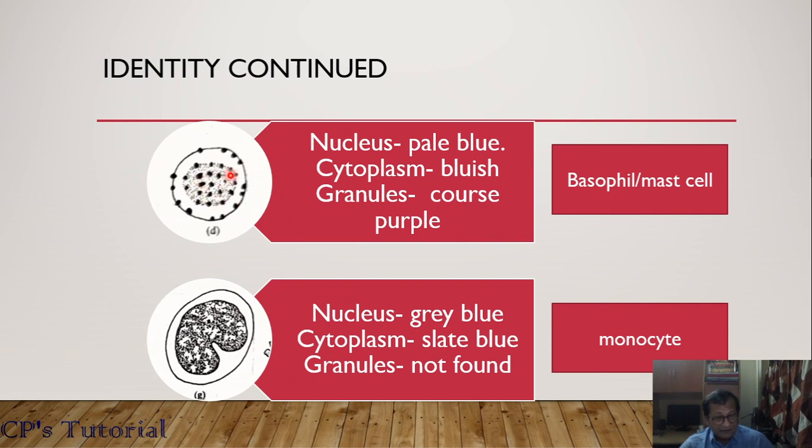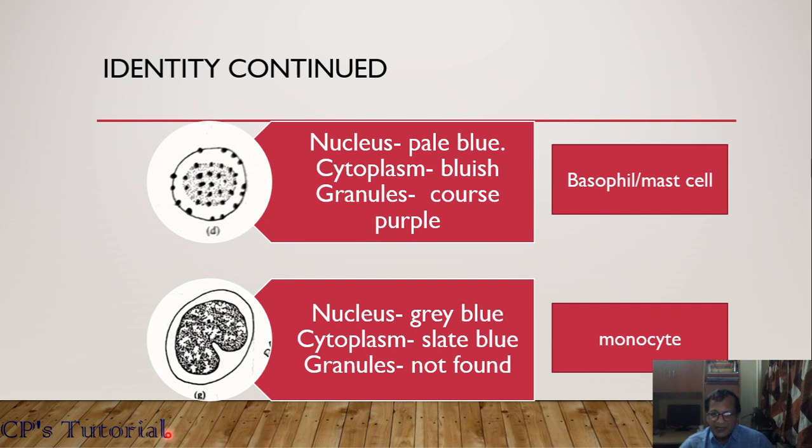The nucleus is diffused or maybe too low. But in case of monocyte, the nucleus is conspicuous and kidney shaped. The peculiarity is that the cytoplasm outside the nucleus of the monocyte does not have any granules. It is agranular, but basophil is not that.